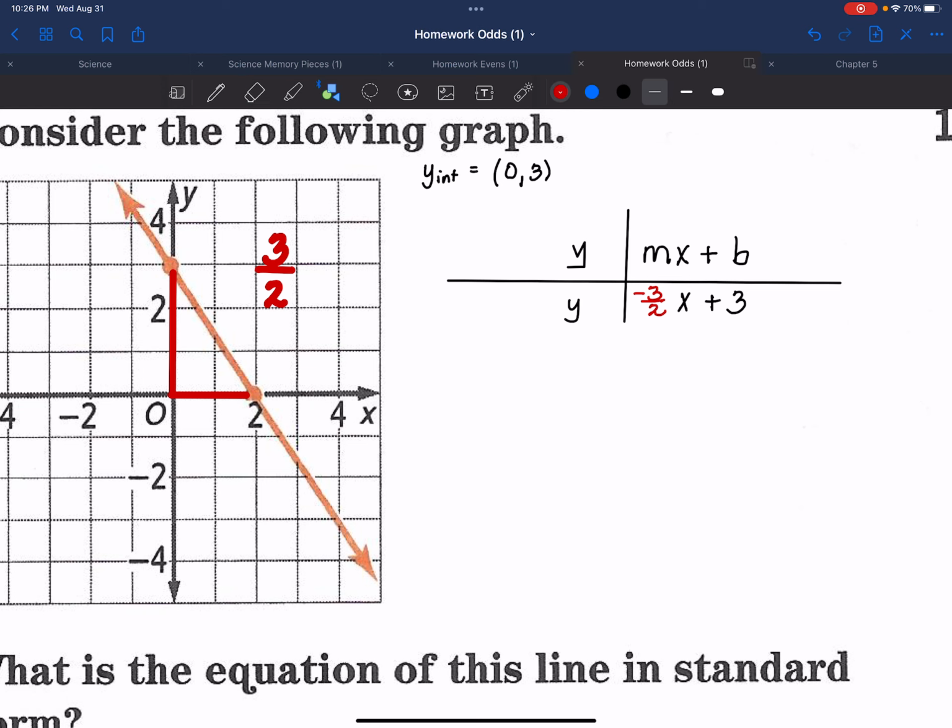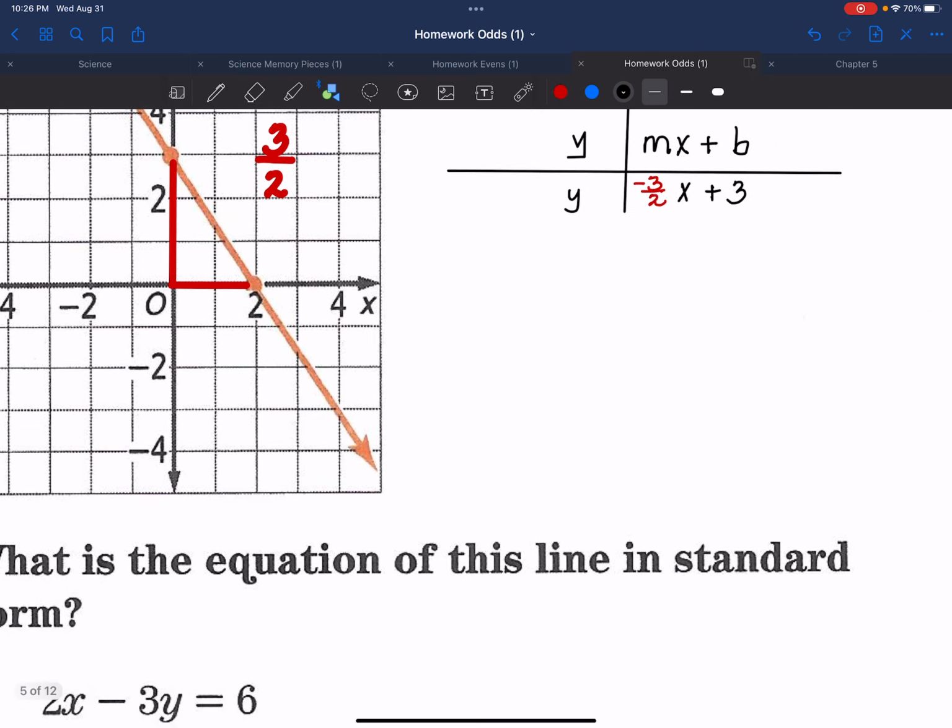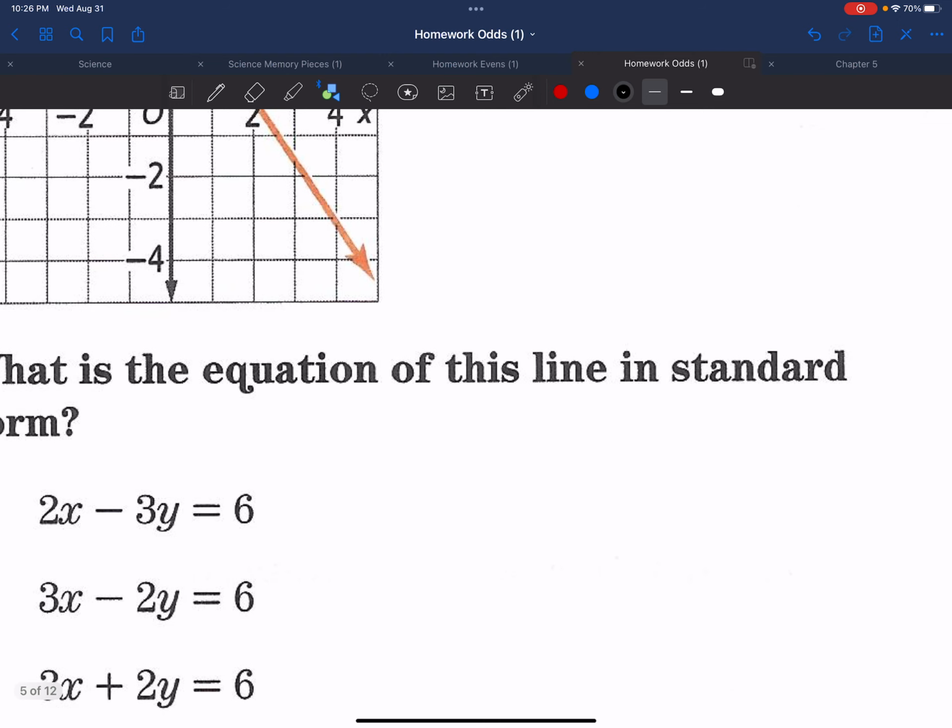Now I'm going to come down here and put the equation in standard form, because that's what it told me to do. So draw yourself a pattern. You want standard. Now remember, in standard, this must be a whole number.